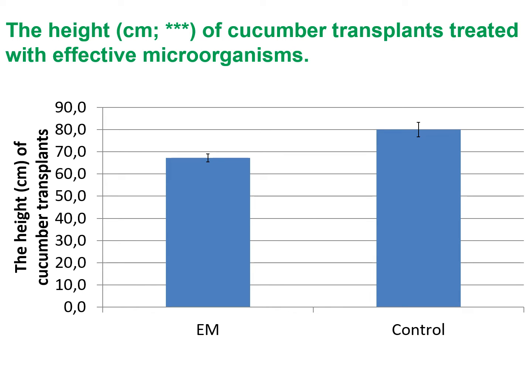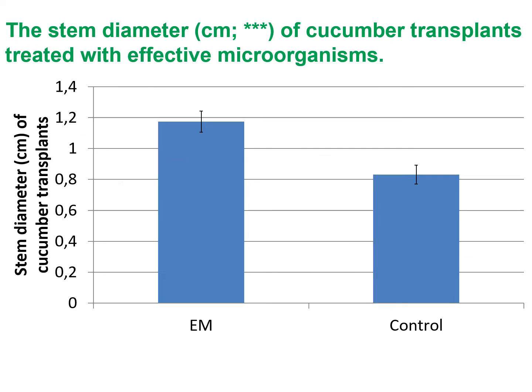Results: the height of cucumber transplants treated with effective microorganisms. You can see that the height of cucumber transplants was lower in EM treatments than in control treatment. The stem diameter of cucumber transplants treated with EM was greater in EM treatment compared to control treatment.